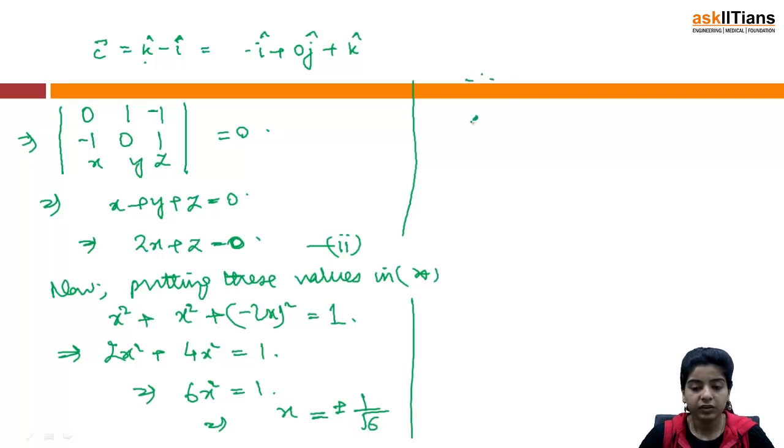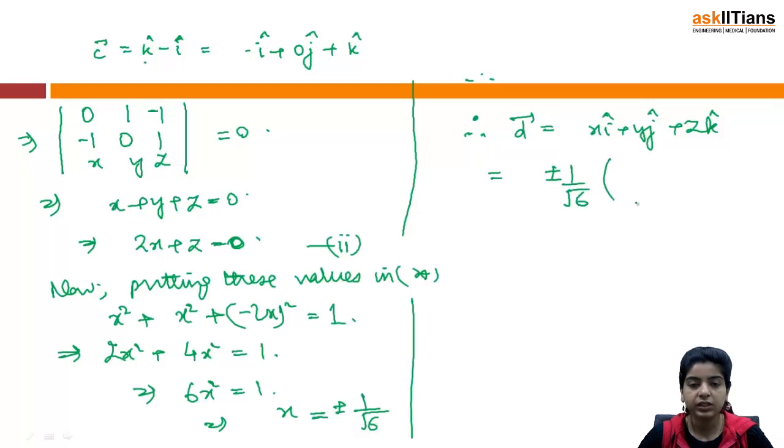Therefore, I can directly write that my vector d was xi plus yj plus zk. So this becomes plus minus 1 by root 6, and x is this, so y was also equal to x and j was minus 2x, so here we will get minus 2k.